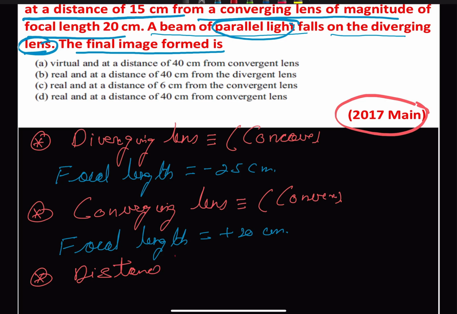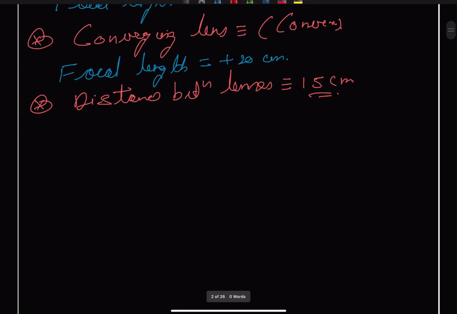Distance between the lenses is given as 15 centimeter, and it is said that the beam of light is parallel on the diverging lens.